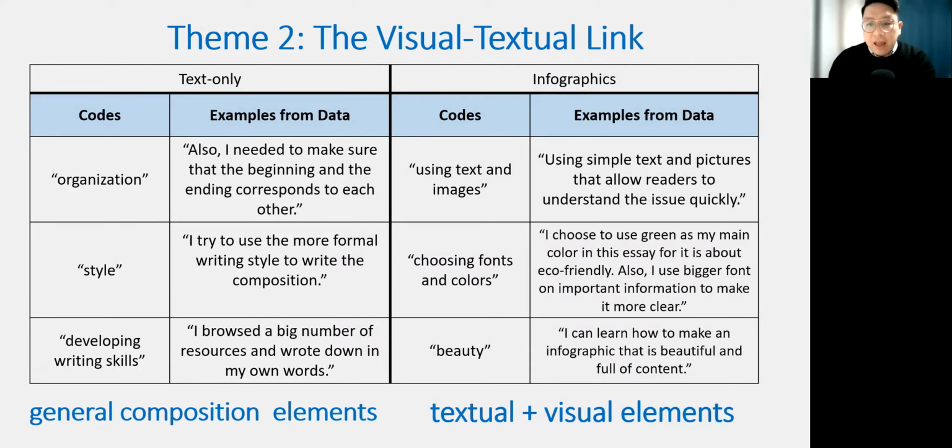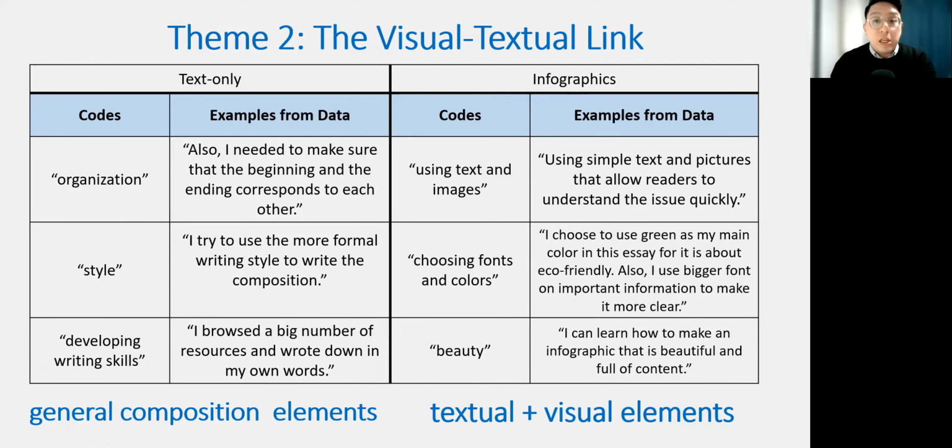When we first look at this, it might not be that surprising. It's almost expected, I think. But to me, the takeaway is that for the text-only essays, in their self-reflections they were writing more about the general composition elements like organization and style.